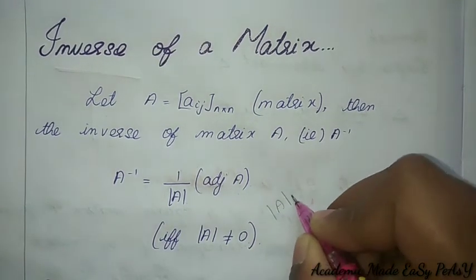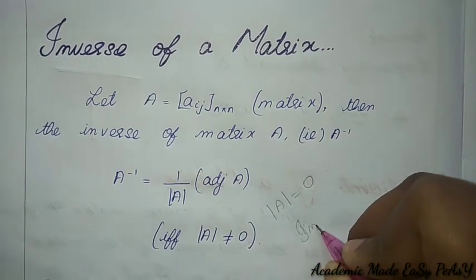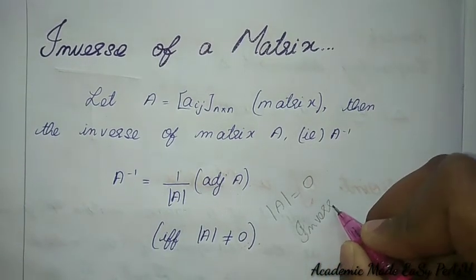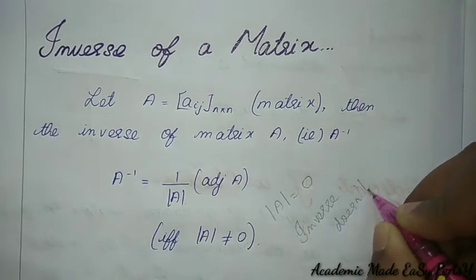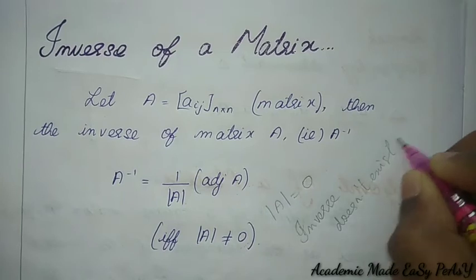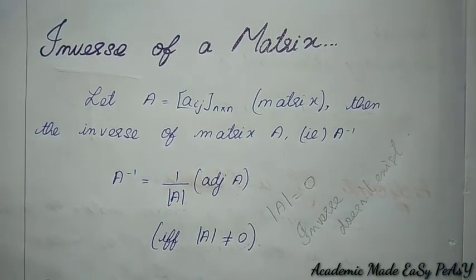If determinant is equal to 0, then we say that inverse doesn't exist. Only if it is not equal to 0, inverse exists for a matrix.